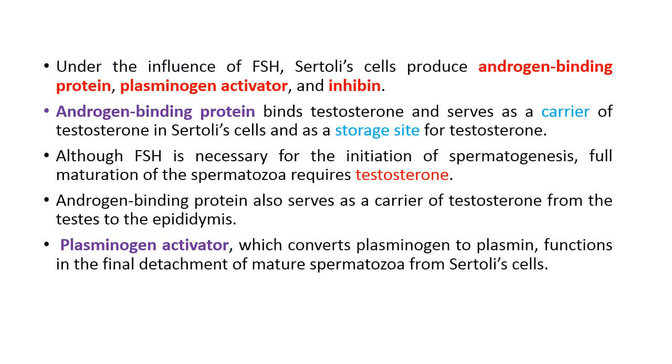Under the influence of FSH, Sertoli cells will produce androgen binding protein, plasminogen activator, and inhibin. So, under the influence of follicle stimulating hormone, Sertoli cells will produce these three important factors, which are the androgen binding protein, plasminogen activator, and the inhibin.